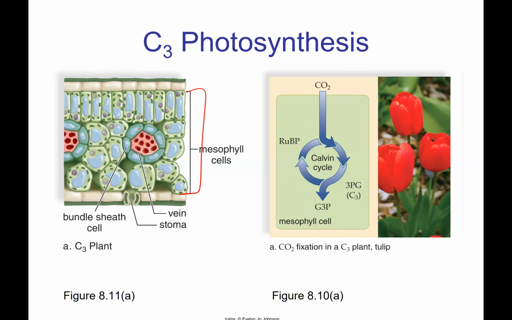Here are the bundle sheath cells that do not contain any chloroplast like normal photosynthesis does. And then carbon fixation is over here. Carbon fixation comes in, and you still get G3P, just not as much. Instead, you're going to be getting a lot of C3 for C3 photosynthesis.